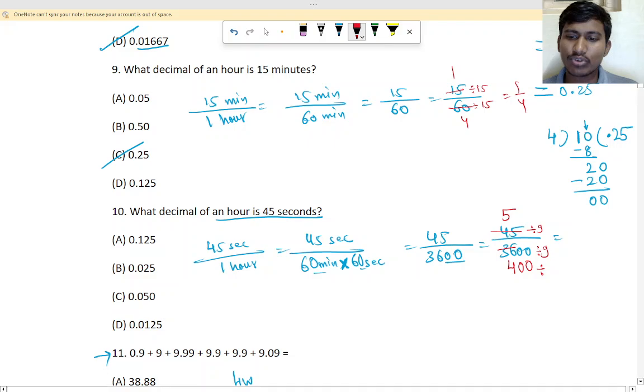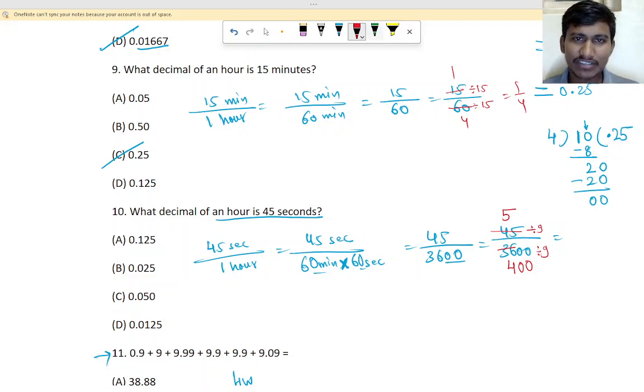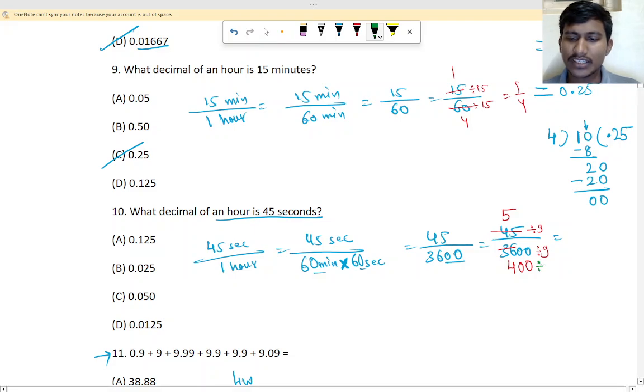If you divide by 4, 4 how many is 400? 4 100s are 400. So we will divide by 4 here. 4 1s are 4, 0, 0.